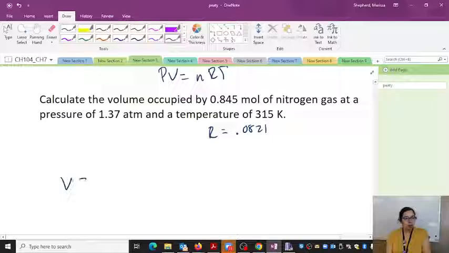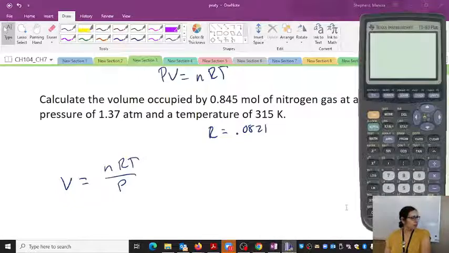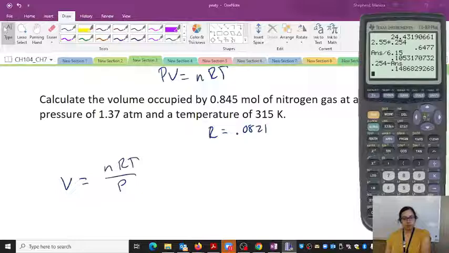Wait, what's R stand for again? I can't remember, sorry. It's just the gas constant, and it's used when you have the units of moles, atm, liters, Kelvin. Okay. And now just rearrange: nRT over P. What do we get in the class? 15.95.